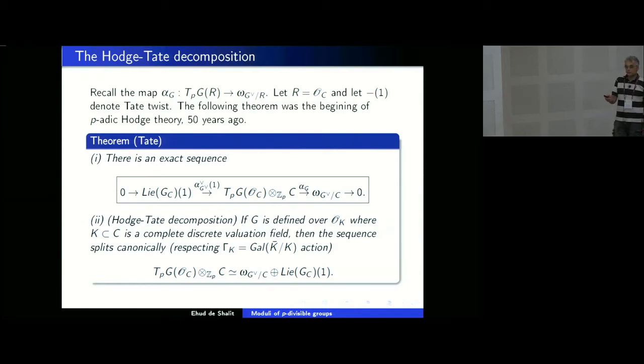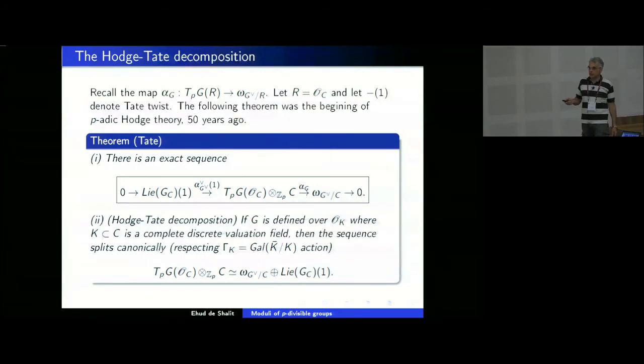So the theorem says that there is an exact sequence, and now we're over C. In general, it applied to any p-adic ring R, but now we're over C, so our R is O_C, and we evaluate everything at O_C, and then, as usual, to get a rational statement, we invert p.